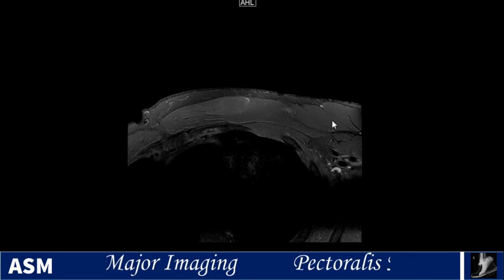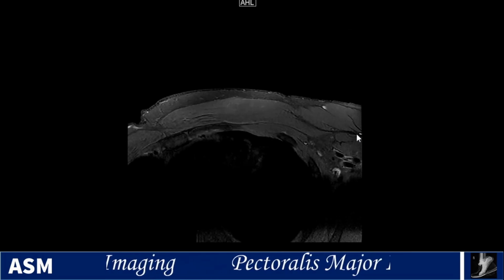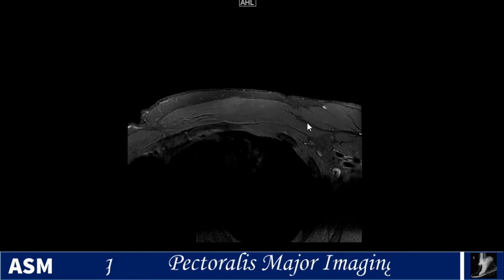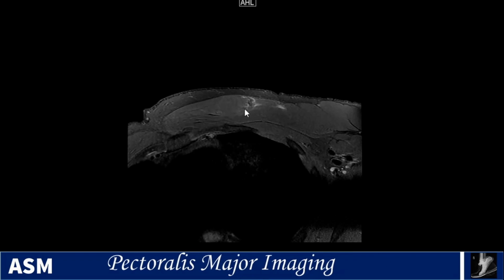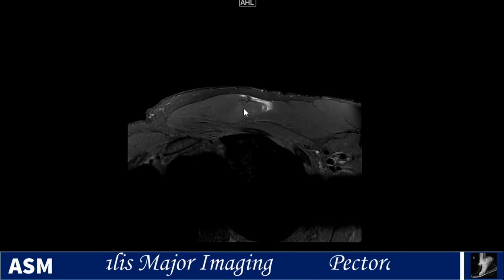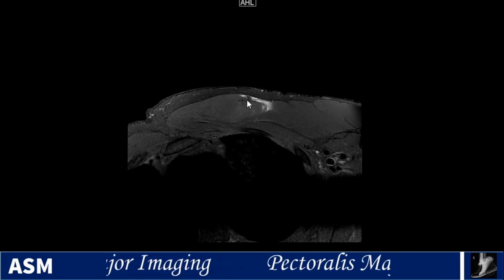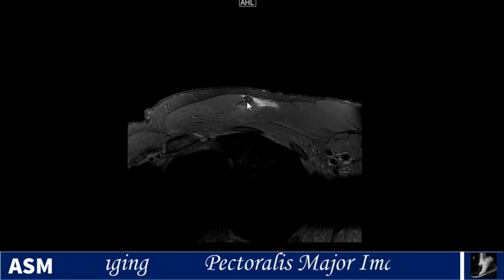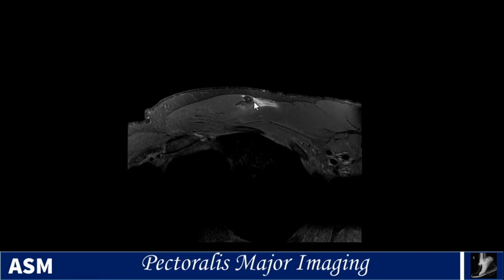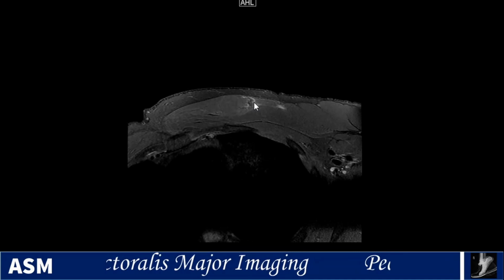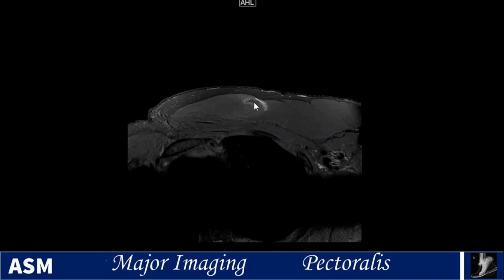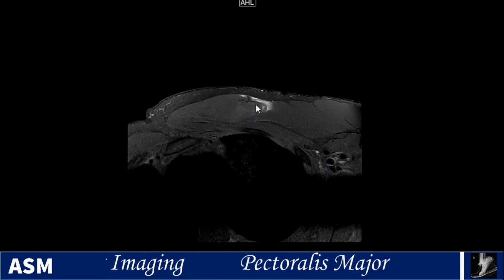So now we open the field of view, and you can see a little bit of that tendon coming in, but as you scroll out more medially, you can see that there is a tear with a small area of hemosiderin or hematoma in this portion of the sternal head of the pectoralis major. So this is an intramuscular tear.